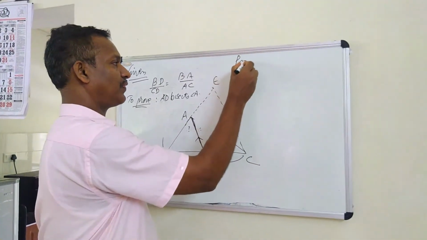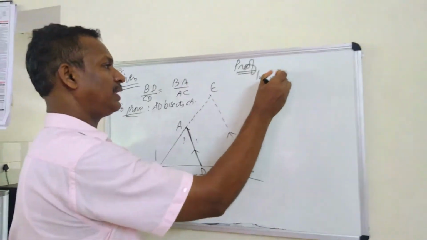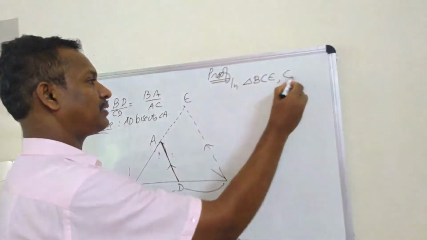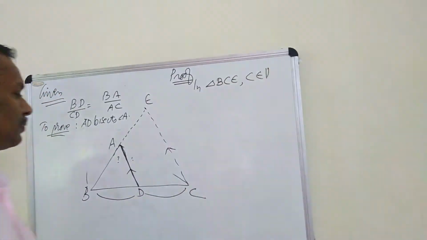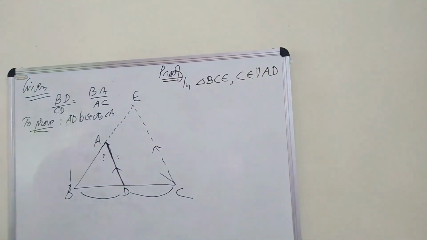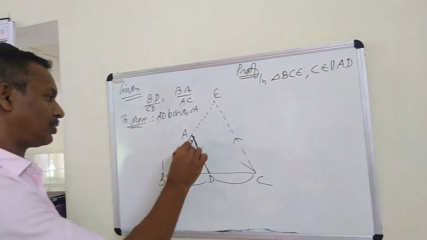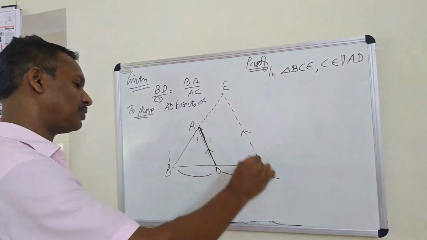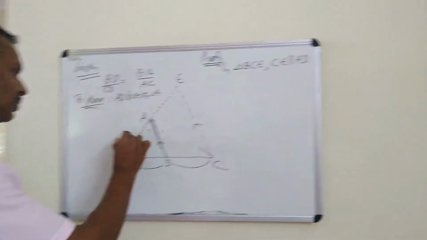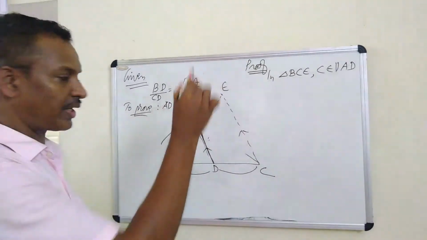The proof is in triangle BCE, C is constructed parallel to AD. Then we can write the basic proportionality theorem using the segments. This line AD is parallel to CE. So we can write the segments of this long side in this order from left to right.